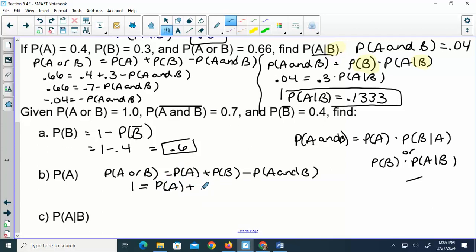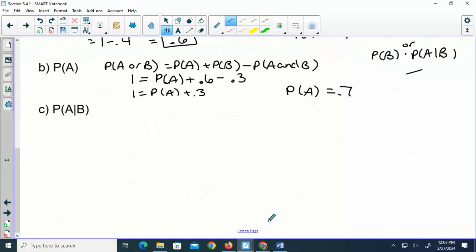Probability of B was 0.6. What's the probability of A and B? 0.7 is the probability of not A and B, so be 0.3. So we get the probability of A is 0.7.